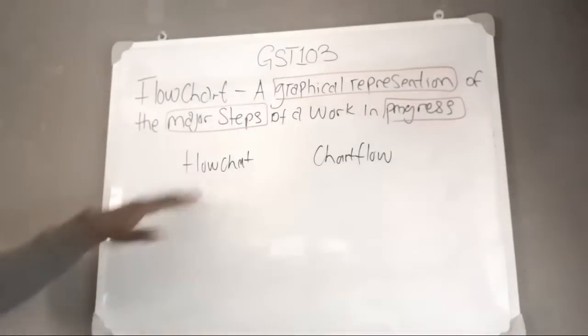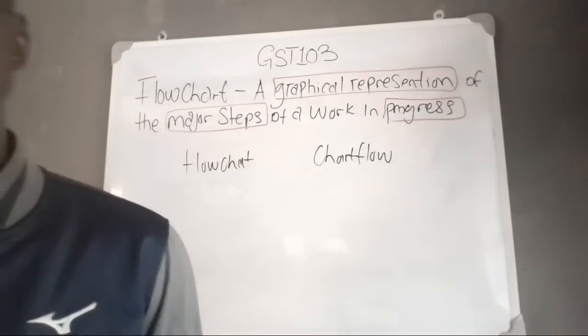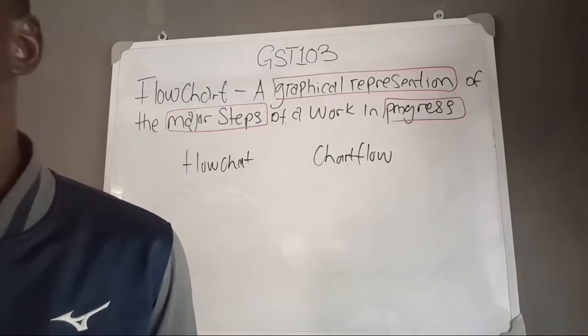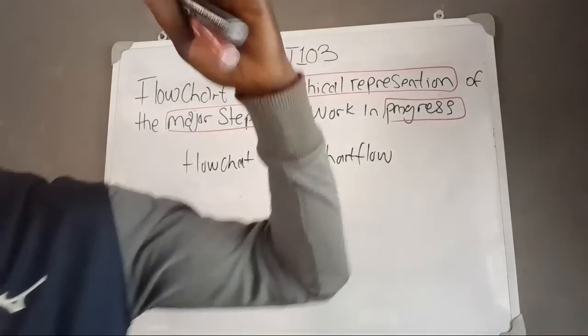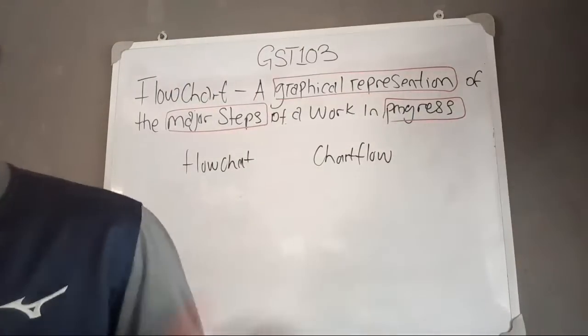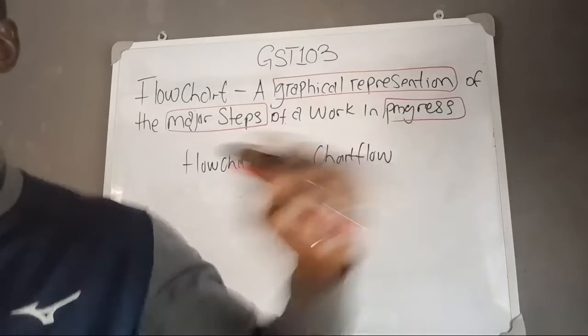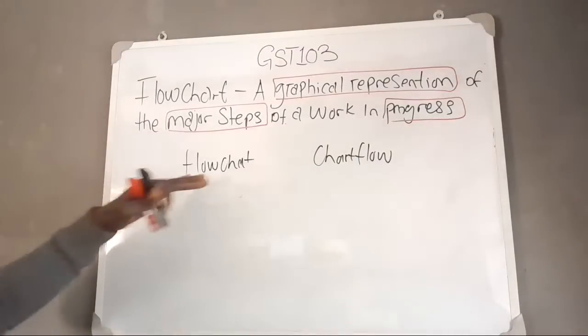Now, this flow chart will show you, if you say 1 + 1 is 2, then this is what you should be getting. Then if you subtract this 2 from 4, you should be getting 2. The next step, if you say this 2 is raised to power of 4 or raised to power of 5, then this is what should be your response. So that is what it is like when we talk about flow chart.